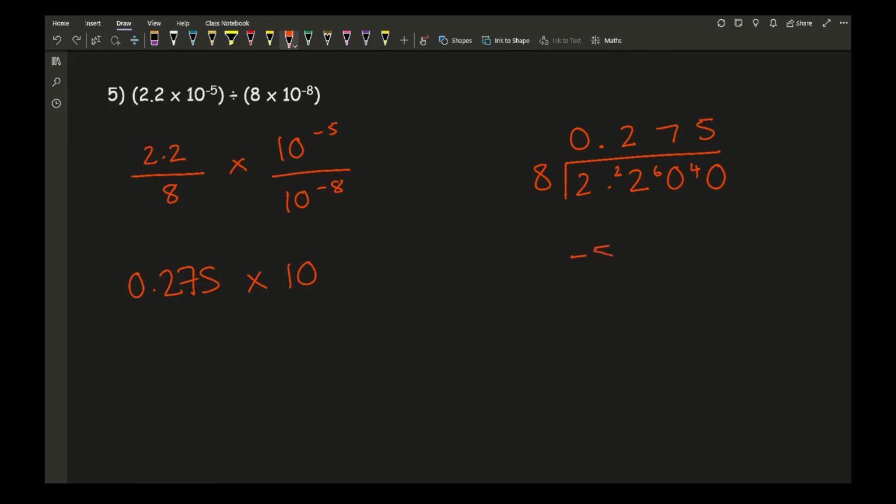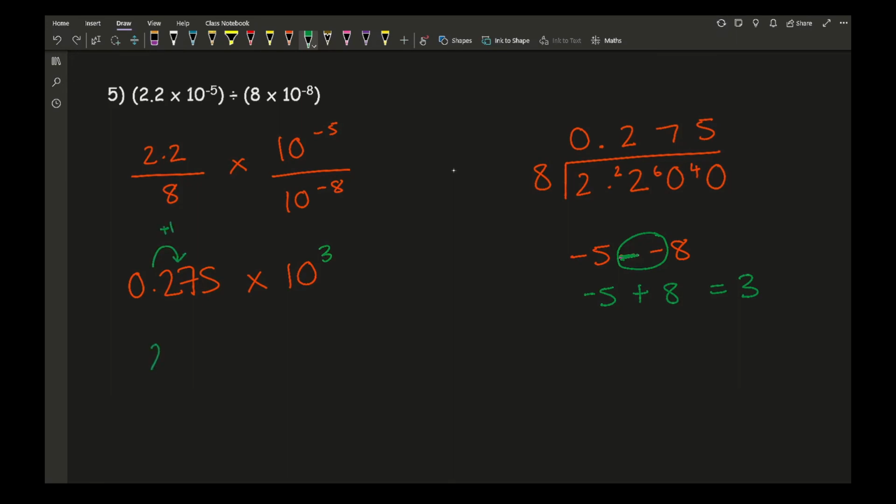And I've got minus 5 minus 8. And again, you're always subtracting when you are dividing with the powers. So again, 2 minuses become a plus. So it's minus 5 plus 8, which is 3. And then here, again, I need to make this number bigger by 1.